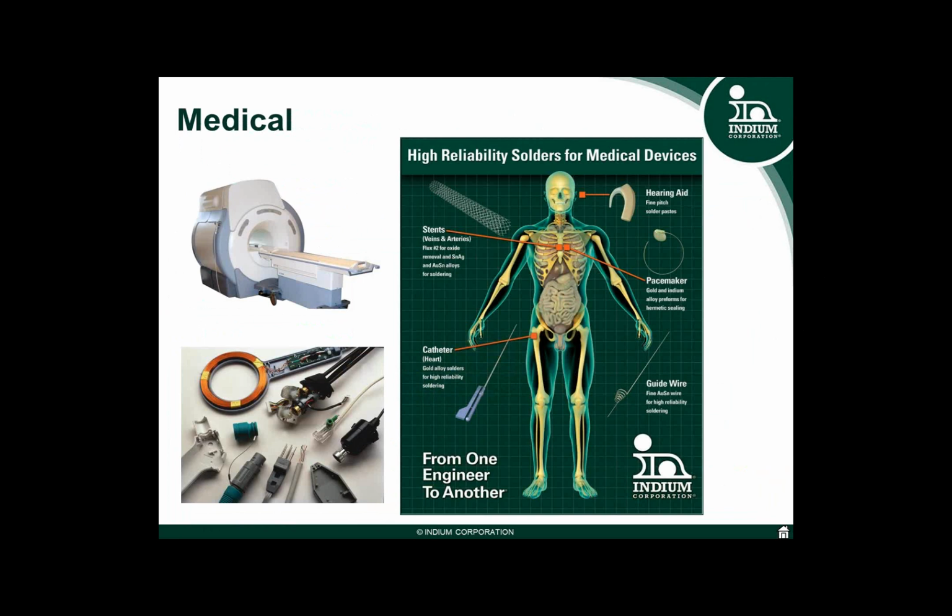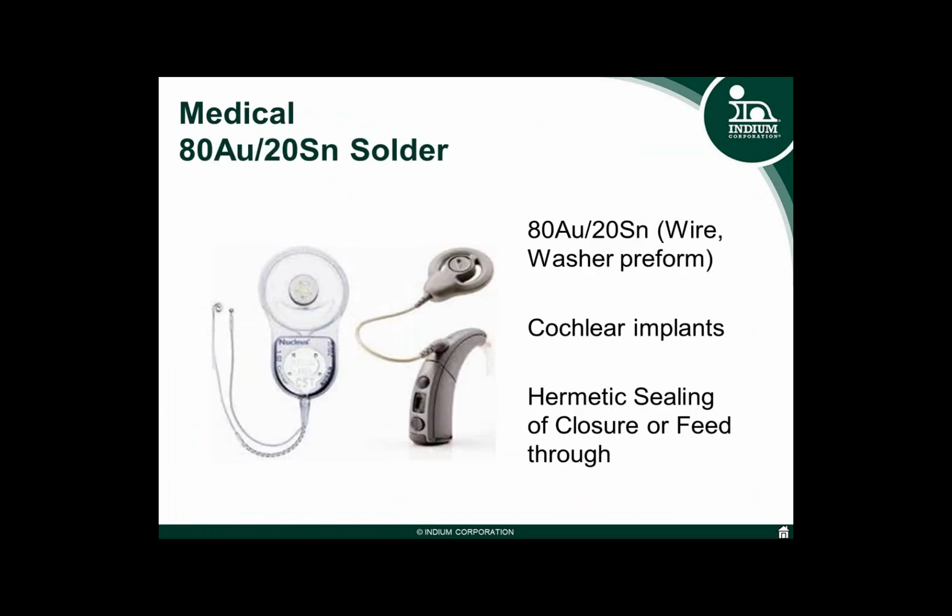So we find that the preforms can be used in many different areas of these, from a mechanical attribute or an electrical attribute, or, as Bob has mentioned previously, for hermeticity as well. Just to give you an idea, we mentioned earlier in the presentation alloys that have a high temperature.